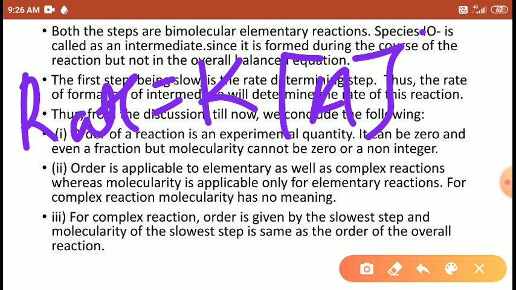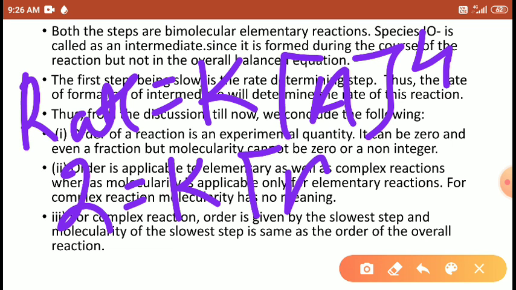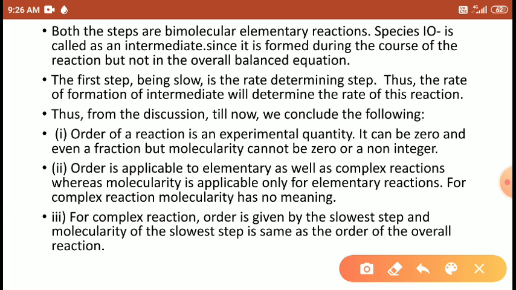If you increase the concentration of reactants 4 times but the rate increases only 2 times, it is half of that. So that's why, students, it is a fractional order reaction.